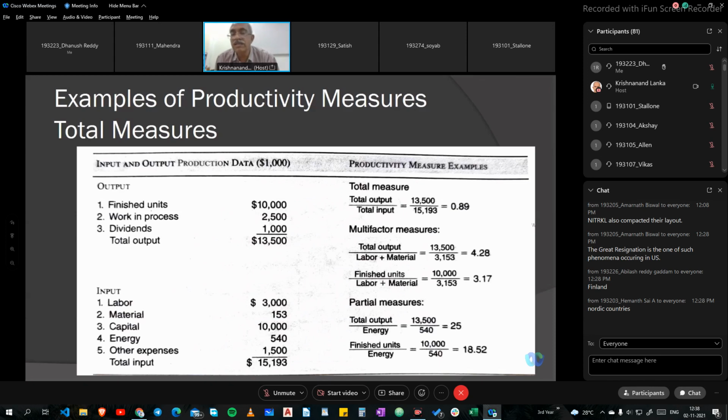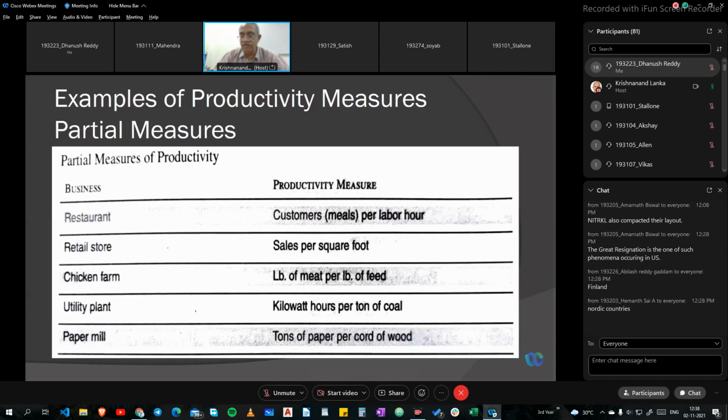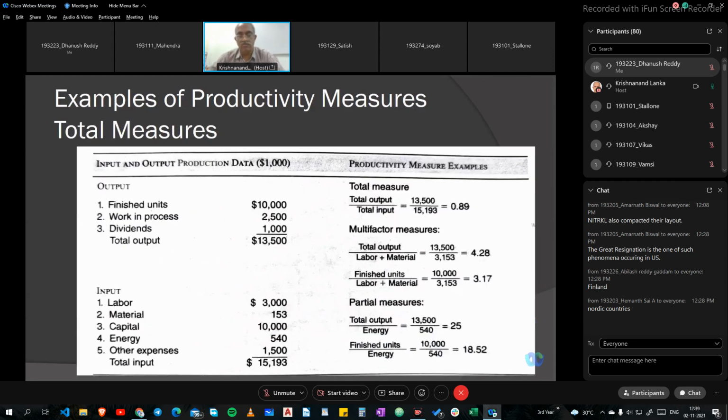If you think both labor and material productivity are important for you to benchmark, you can do that, or even total. So these are the examples for productivity. Tomorrow we will take up some of the partial measures that we use for measuring productivity.